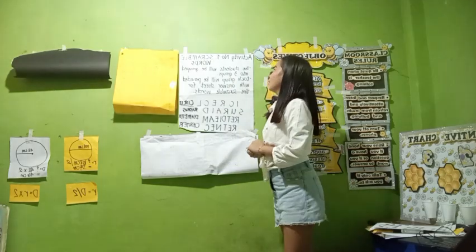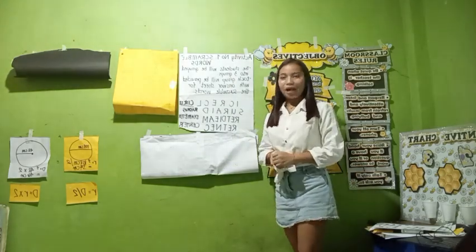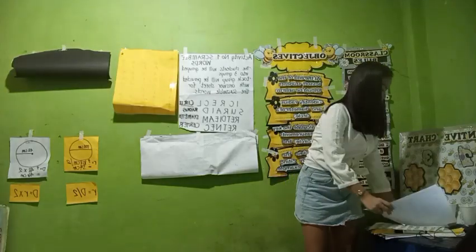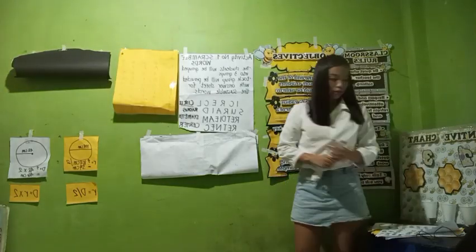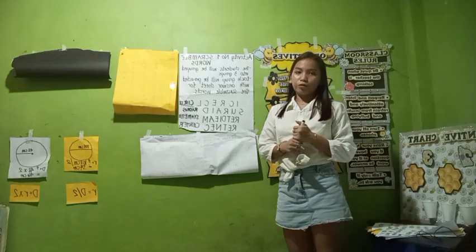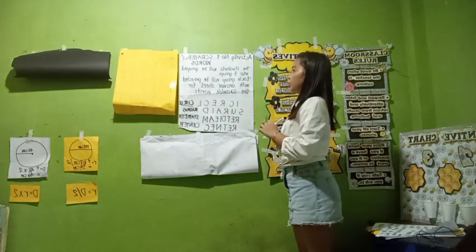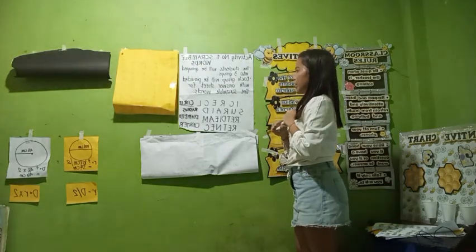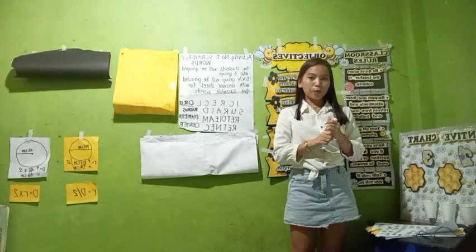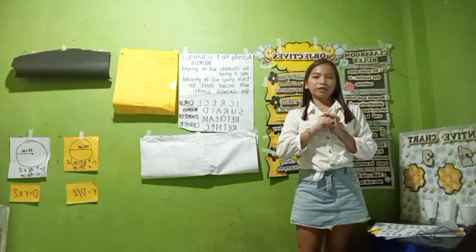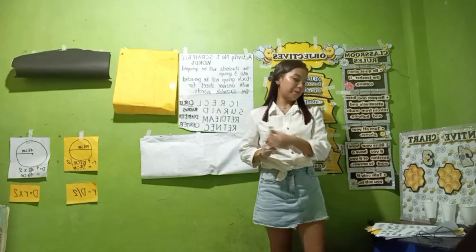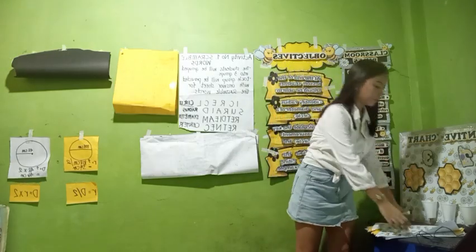Now, activity number 1, scramble words. The students will be grouped into 3 groups. Each group will be provided with answer sheets for the scramble words. Let me group you into 3 groups, starting with counting 1 to 3. 1, 2, and 3, and so on.